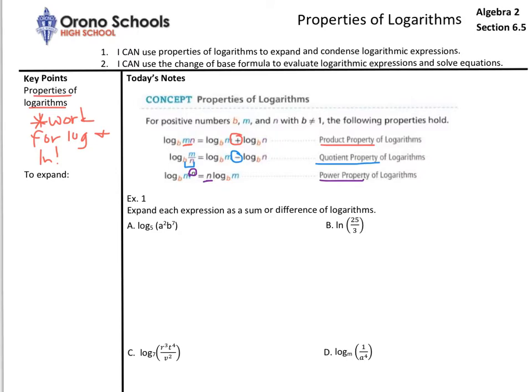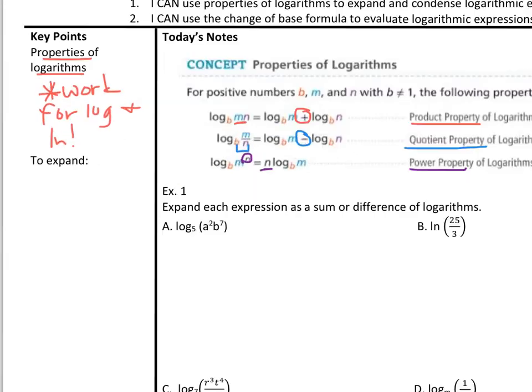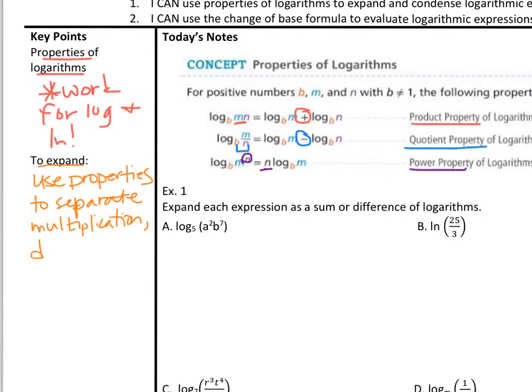We'll start off by using these properties to expand and condense logarithms, and then eventually we'll look at how to use them for solving. When you're asked to expand a logarithmic expression, what you want to do is use your properties to separate anything that has multiplication, division, or powers.